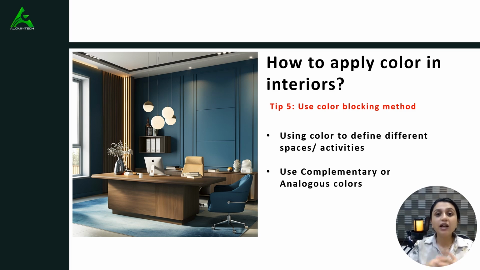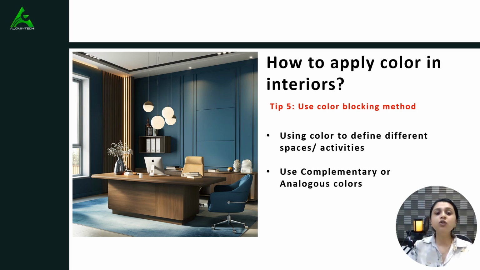So that is a very helpful activity also when it comes to creating large complexes. For example, if you are creating a large gym or a large health clinic or something like that, you can use color blocking as your design methodology. For example, if you are creating a hospital design, maybe you want to create different wards using different colors.